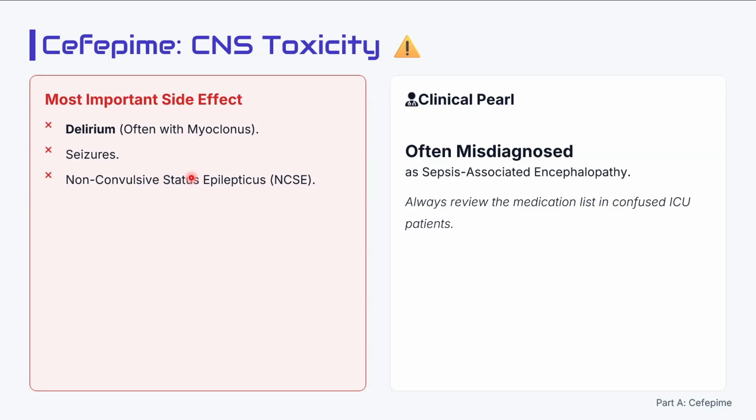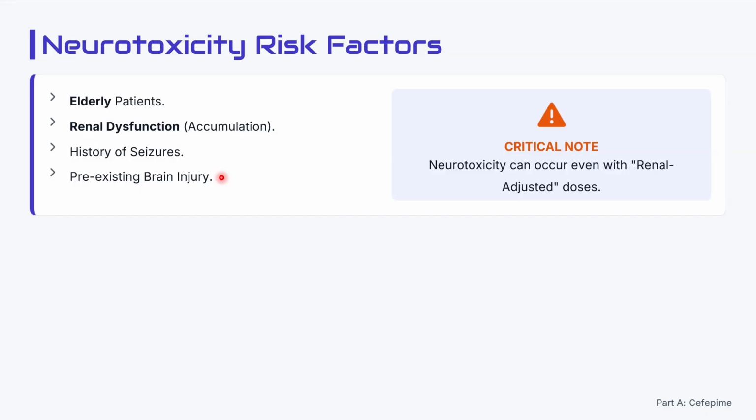Always review the medication list in ICU patients. In a confused patient getting cefepime, try to change it to another antibiotic. Neurotoxicity is especially seen in elderly patients, renal dysfunction due to dose accumulation, history of past seizures, and pre-existing brain injuries. Neurotoxicity can occur even with renal adjusted doses, so be aware of that.